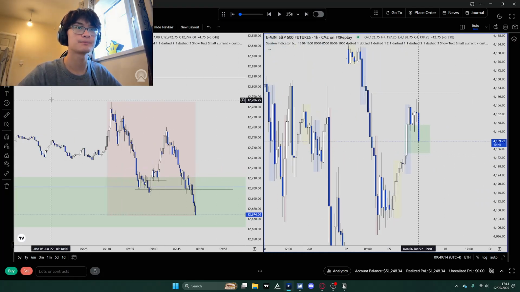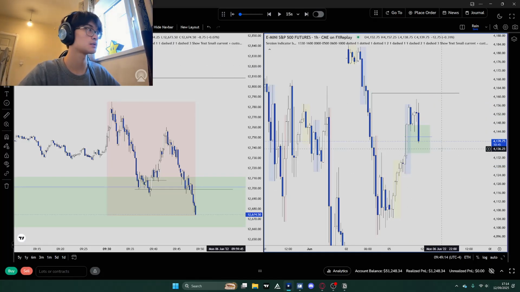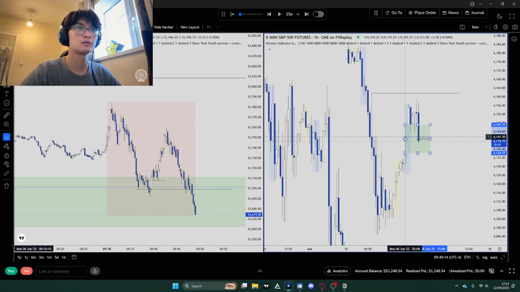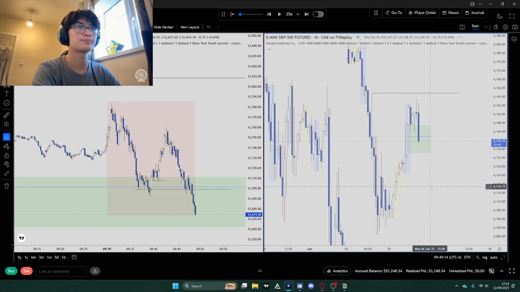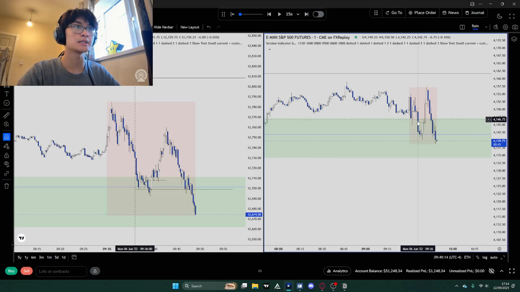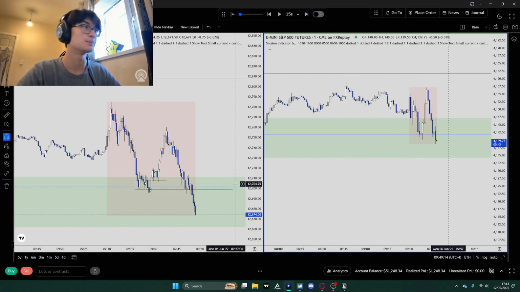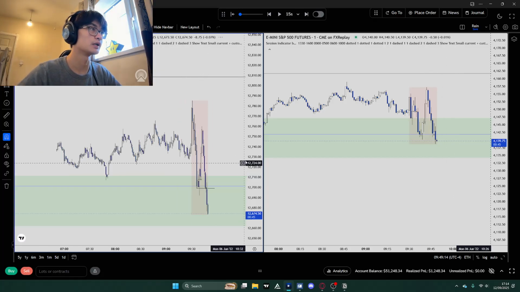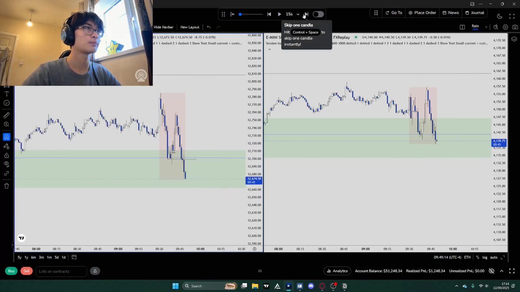So hourly, we have this range on ES. Go. And I actually did expect that to deliver us up here, but we didn't end up doing that. It's okay.